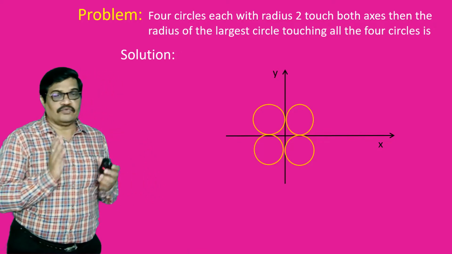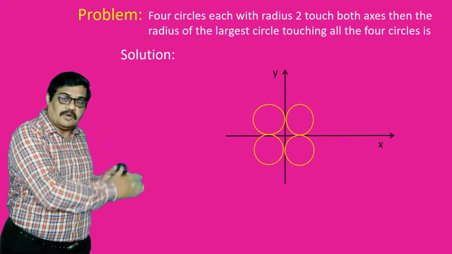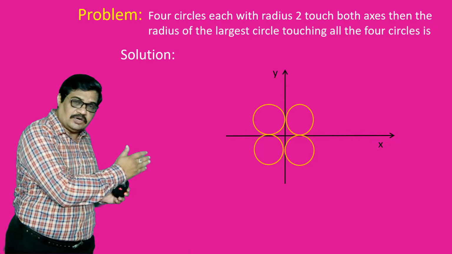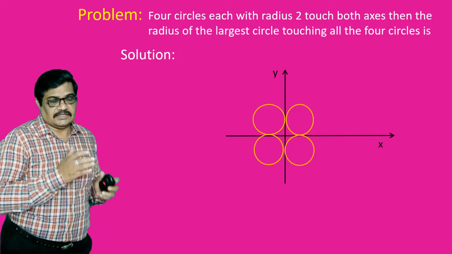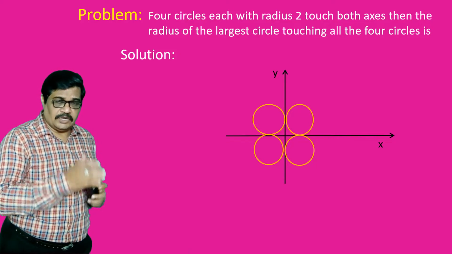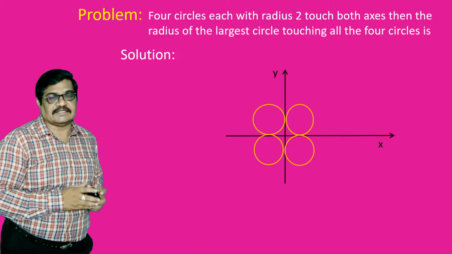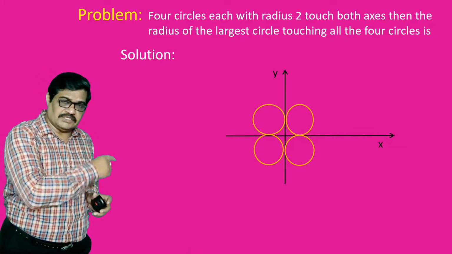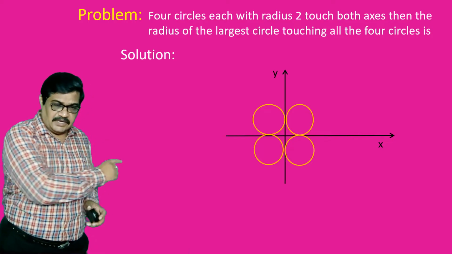Now we have to find the circle which touches all four circles, and find that circle's radius. So the largest circle touches these four circles. There are two circles touching all four circles. One is a small circle, see the diagram.